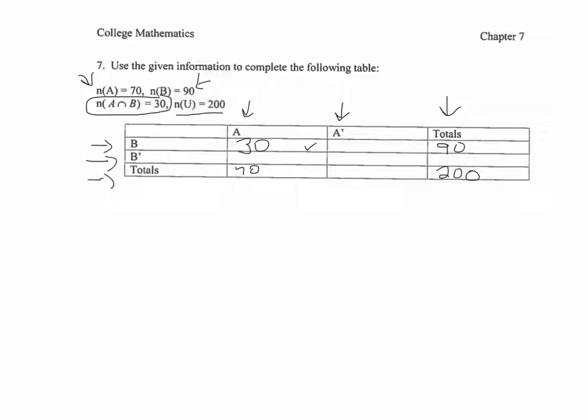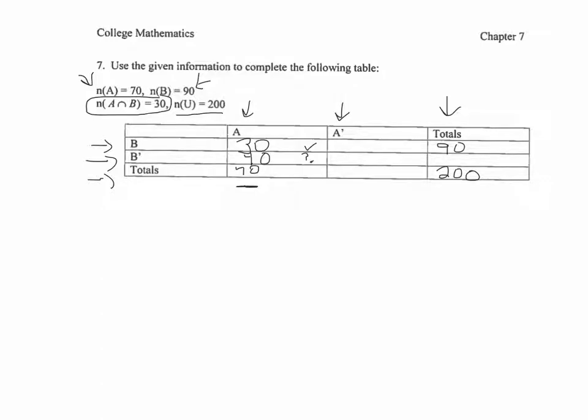So if we look at column A, we know we have 30 here. What we don't know is how many are in B complement, this right here. But I know if I add this plus this, it should equal 70. So what would 70 minus 30 be? That's 40. And I can fill that in.